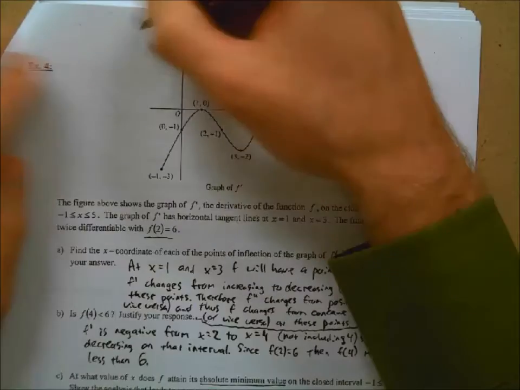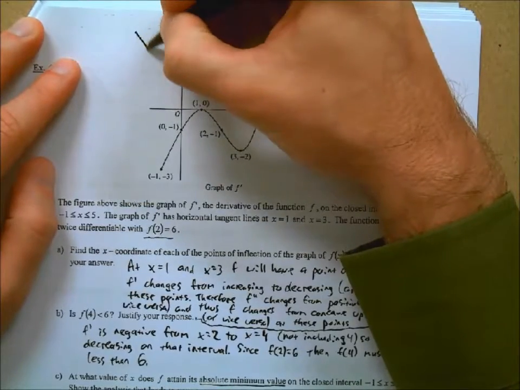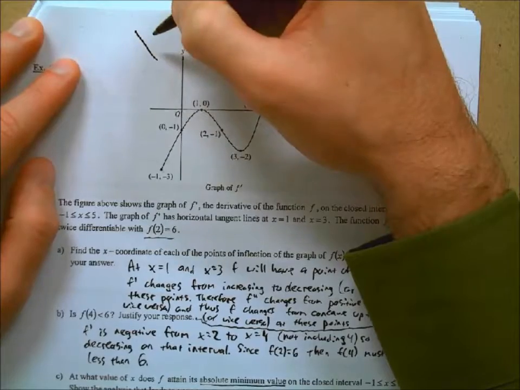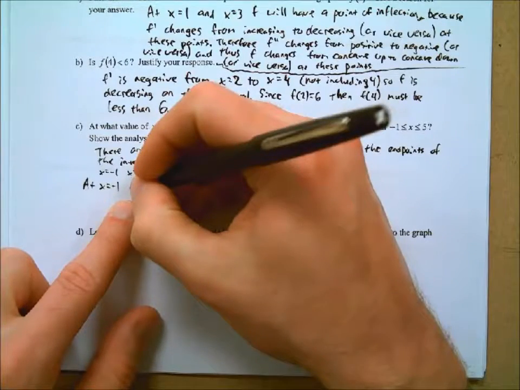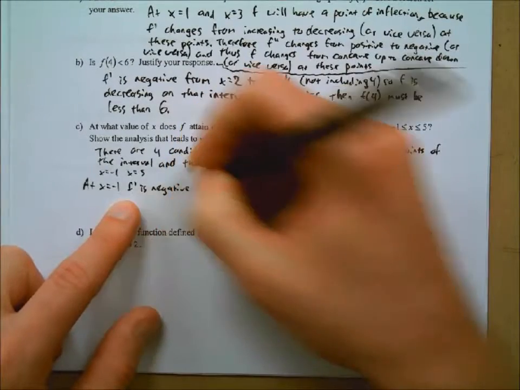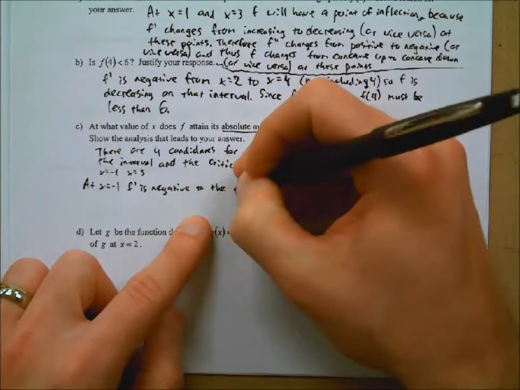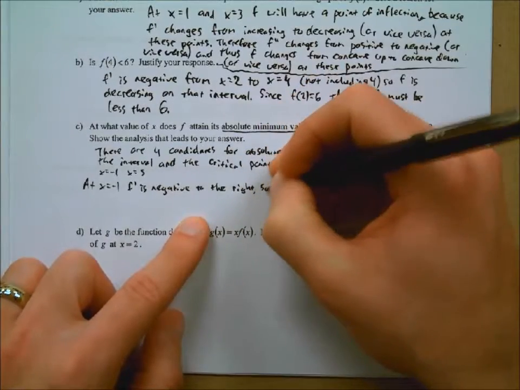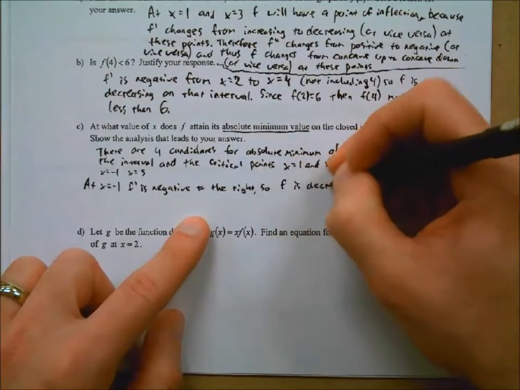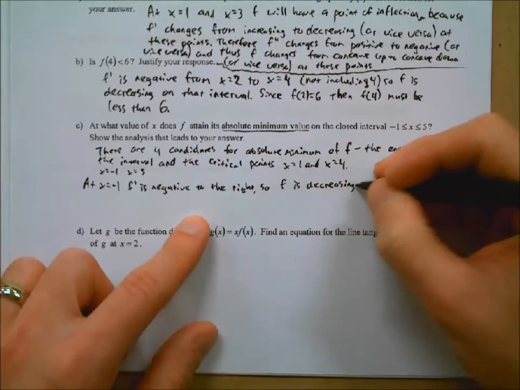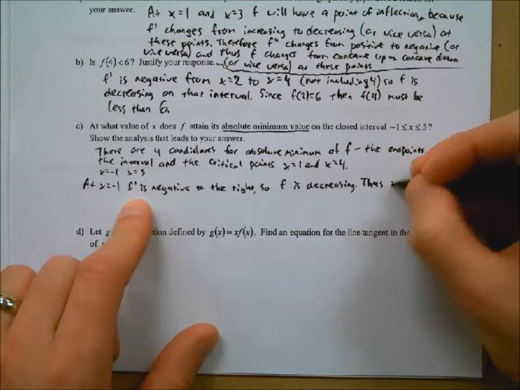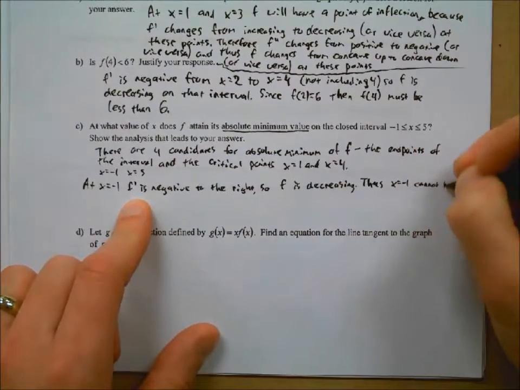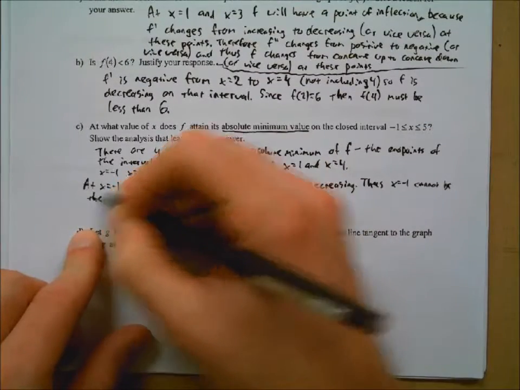If you have a point and you start decreasing immediately to the right of it, there's no way that point can be an absolute minimum. In fact, it might be the absolute maximum, depending on the scenario. So at x equals -1, f prime is negative to the right, so f is decreasing. Thus, x equals -1 cannot be the absolute min.